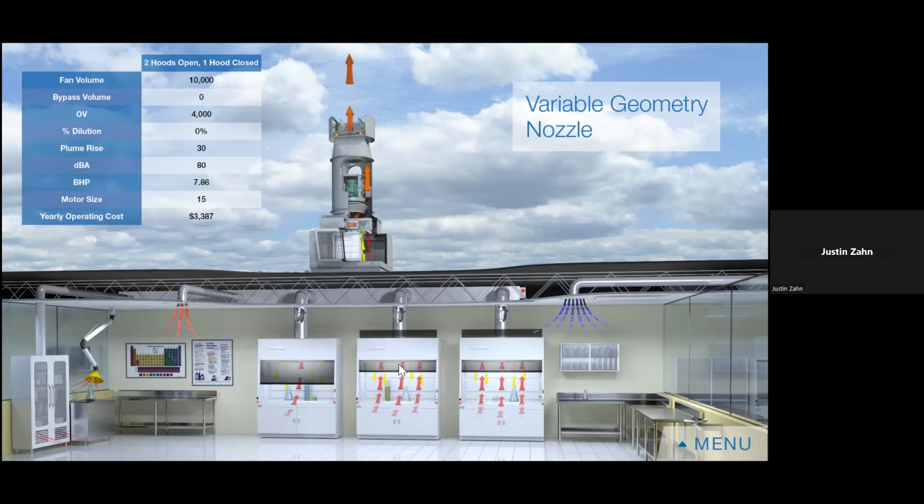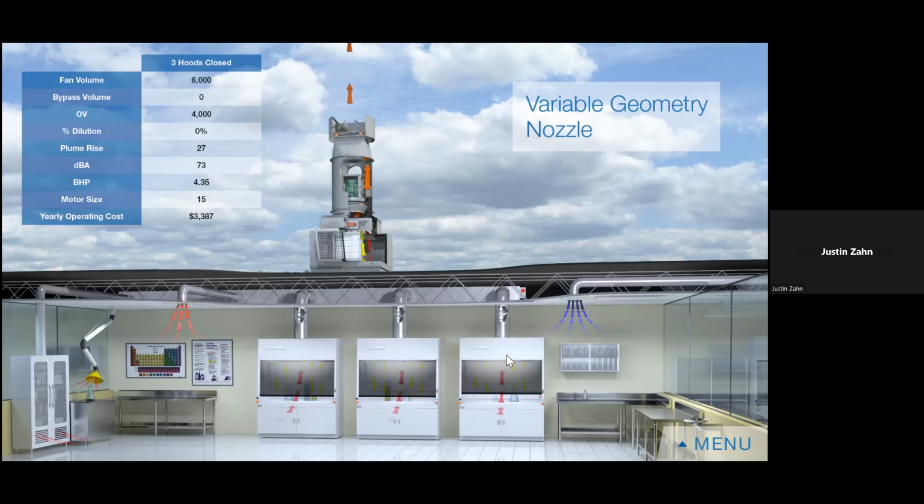Basically, how it works: as the demand from the lab space decreases, that nozzle up top will narrow up. As that narrows up, your fan speed will slow down. And as that slows down, you will still be able to maintain that 3,000 feet per minute. So again, it's a good design. If energy consumption is at the top of someone's list, this is a great option to offer them. It's a pretty simple design, just basically two damper blades up top that open up and close as the demand from the lab space changes.